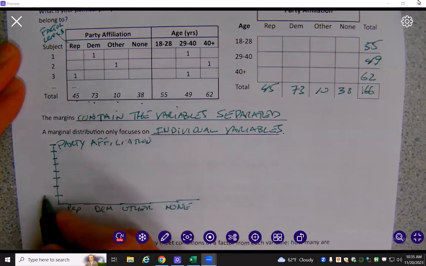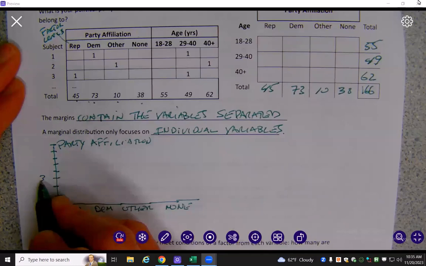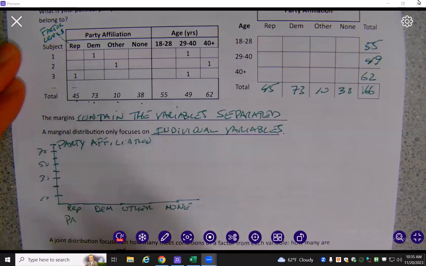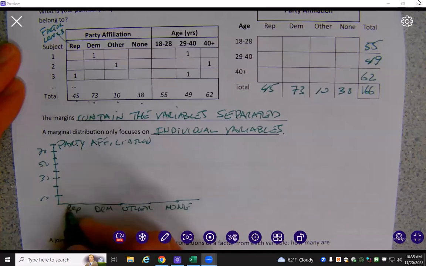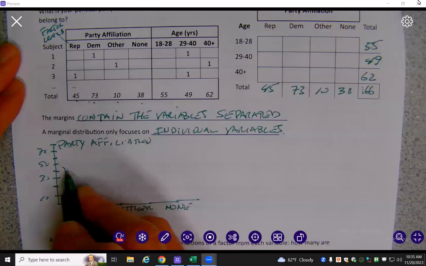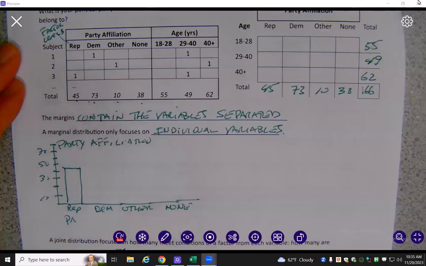So I'm going to go, this is 10, 20, 30, 40, 50, 60, 70, 80. So Republican, there were 45. So 30, 40. So 45 is about right there. So I create my bar graph to rise to 45.